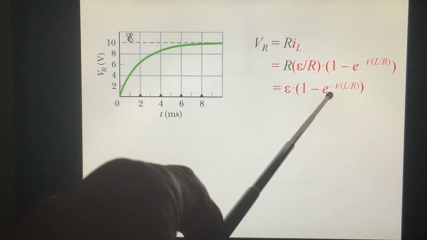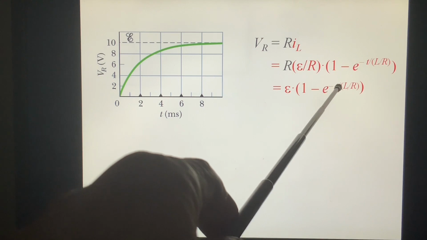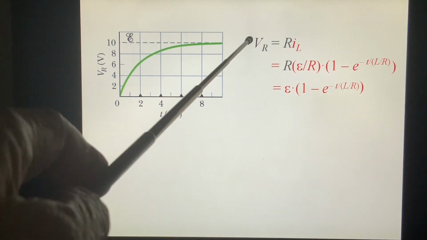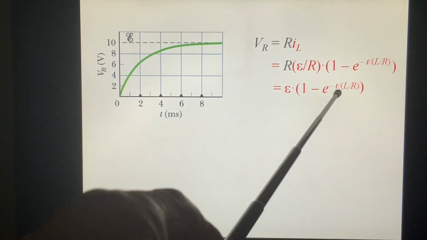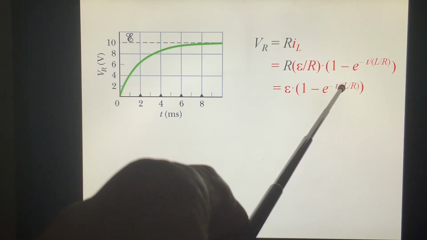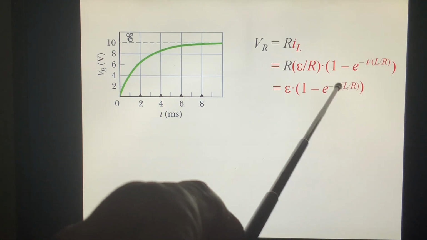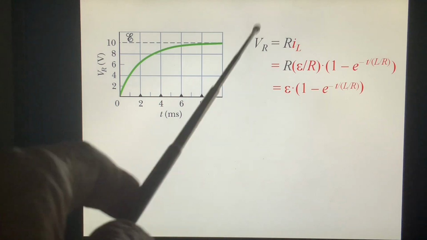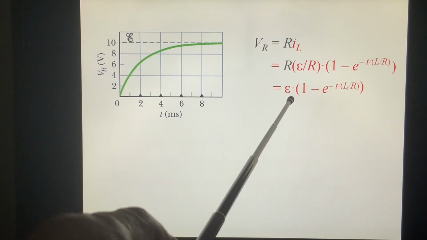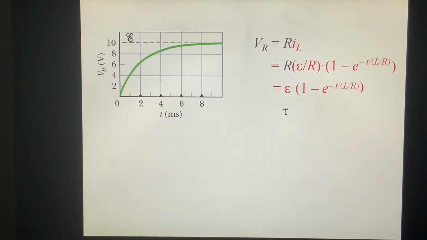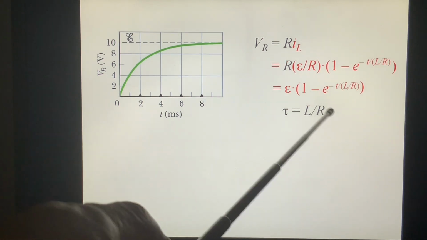At the beginning, t equals 0, e to the 0 is 1, 1 minus 1 is 0, so V is 0. And when t approaches infinity, e to the minus infinity is 0, so V finally equals epsilon. Now, the time constant is L over R.